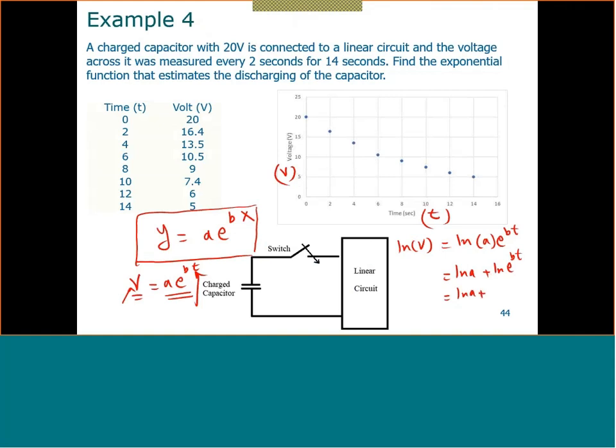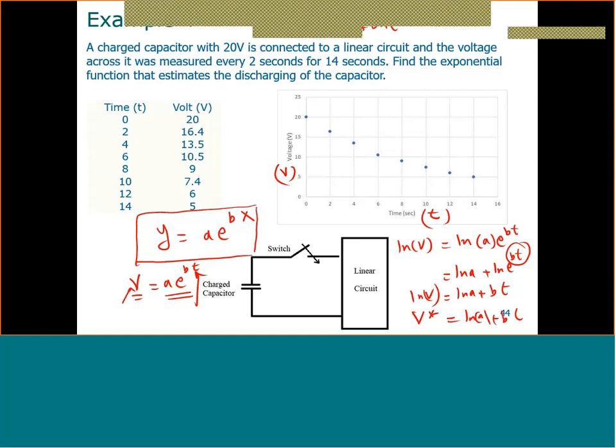Remember, I want this in the form v star equals a0 plus a1 t. So v star equals ln of a plus b t. From this, your a0 is ln of a, and your a1 is b. As simple as that.